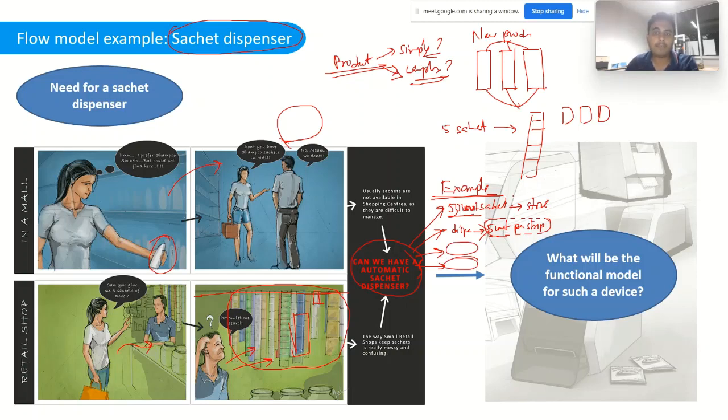But once you have the specifications, and you finally understand what the constraints and the functions are, you have to at the end develop the functional model for such a device. And since you do not have prior exposure to such a device, you need to rely on some of these modeling techniques. So we use here the flow model technique.